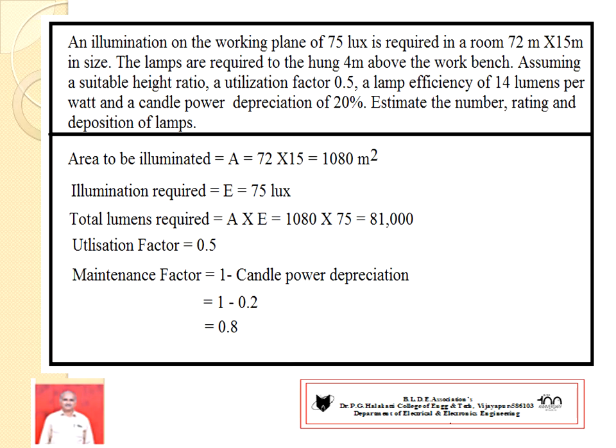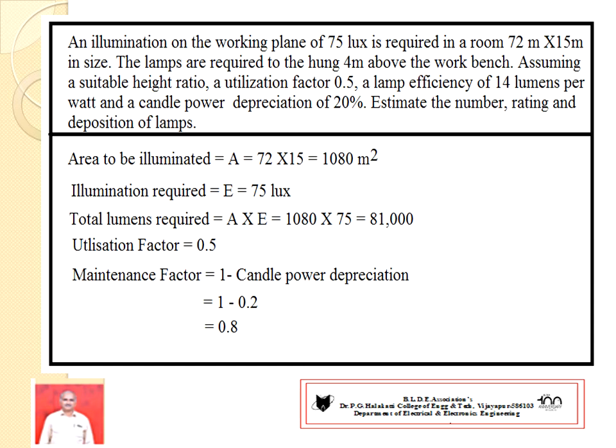Assuming a suitable space height ratio, utilization factor 0.5, lamp efficiency 14 lumens per watt, and candle power depreciation of 20%. Estimate the number of lamps, rating of lamps, and arrangement of lamps. This problem is more important. Such types of problems are useful for design and arrangement of lamps to get better illumination.